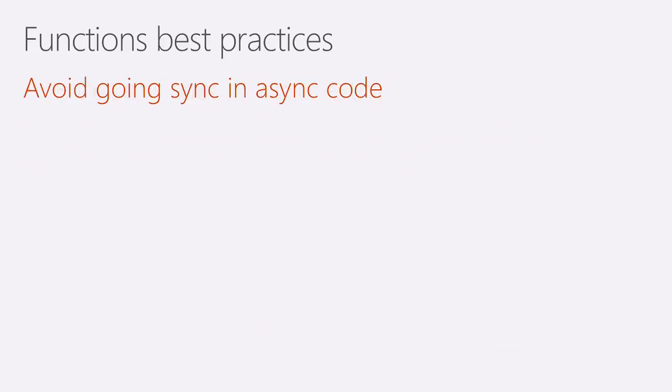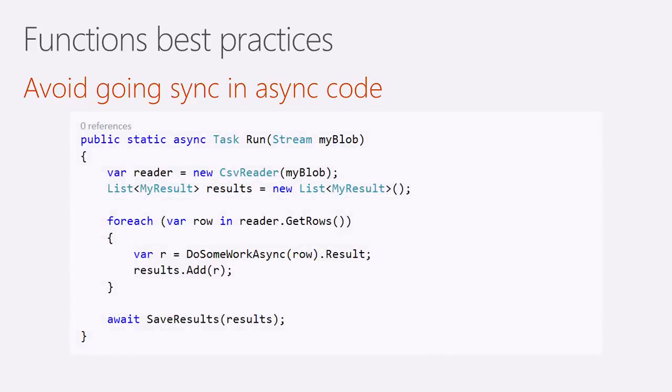Going down to the next level of detail, just a couple of basic coding things. This one: avoid going synchronous in async code. This applies across the board for .NET code, but I do see it a lot. My example here is a function that has been written using async. It's receiving a blob, we're grabbing a CSV reader, we're getting the rows, and then we're calling some async method, but for some reason we are blocking on that async method by saying .result.